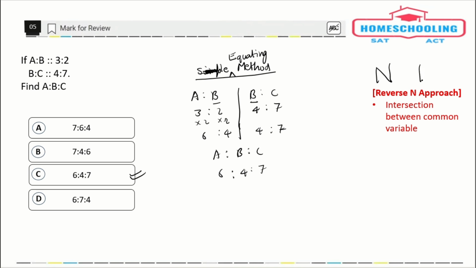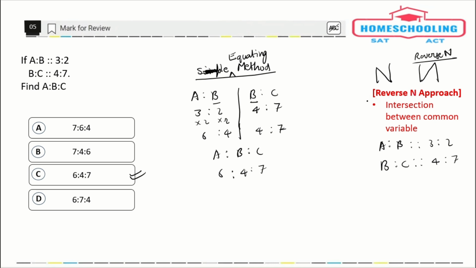If you flip it, this is your reverse N. Let me write down the question first. A is to B is 3 is to 2. B is to C is 4 is to 7.